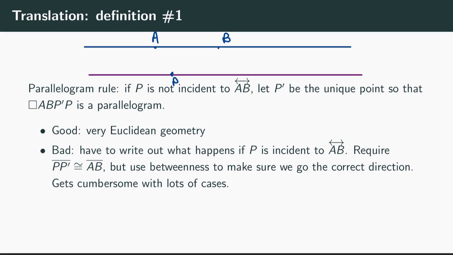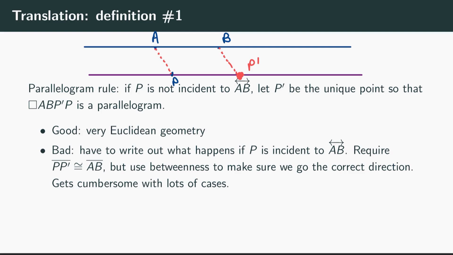This one exists and is unique by the Euclidean parallel postulate. Then I put a point over here, about there. This is the point P prime, so that now my dotted lines should also be parallel to each other. I draw this freehand, so it might not be accurate, but that's the basic idea.